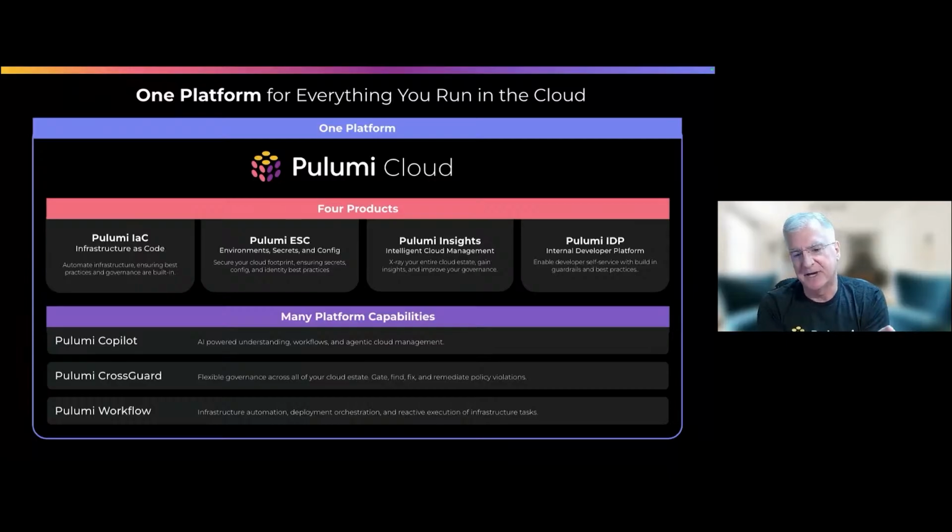And in the case of IAC, there are two types of policies. There are advisory policies and there are mandatory policies. In the case of IAC, if I violated a mandatory policy, the infrastructure doesn't get deployed. It stops dead in the water. And then advisory is what it sounds like. It's a warning. The neat thing is, with Insights, I can actually run these policies against existing resources that are unmanaged by Pulumi.